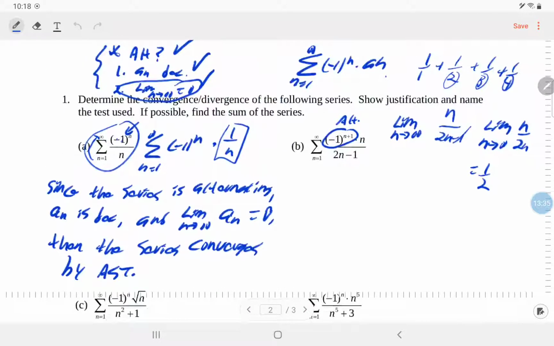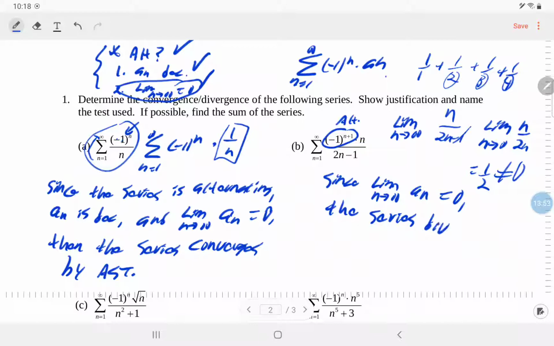Since it's not 0, I can say, since the limit as n approaches infinity of a sub n does not equal 0, the series diverges by the nth term test.